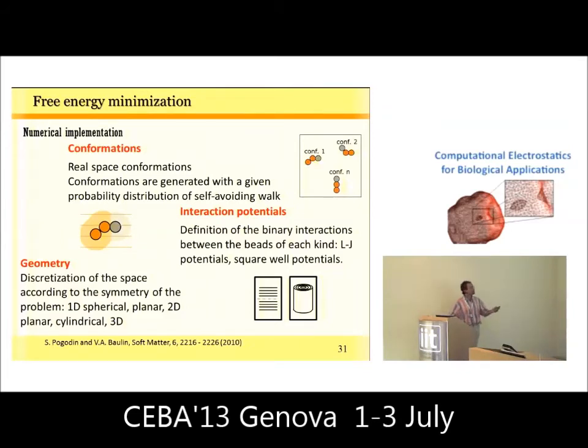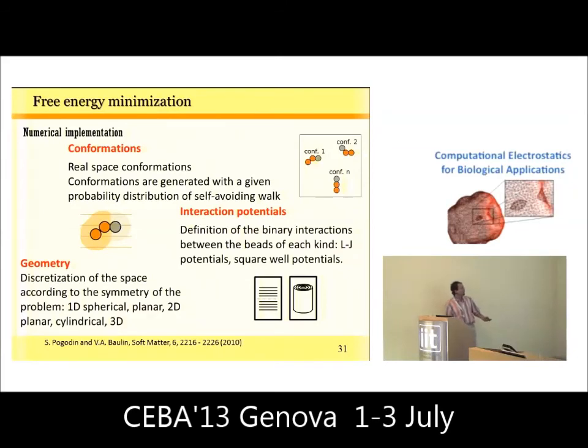So this method consists of 3 independent blocks. One module generates conformations, and you need to sample the conformations of this chain. Another one defines the interaction potentials between each bit of the model and the field.